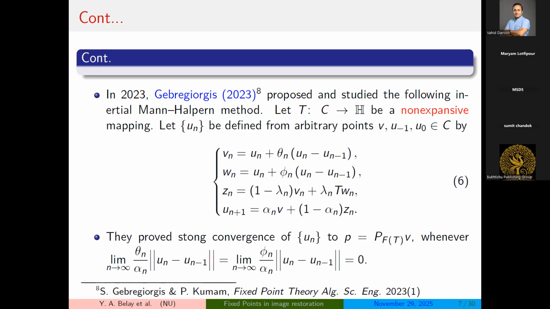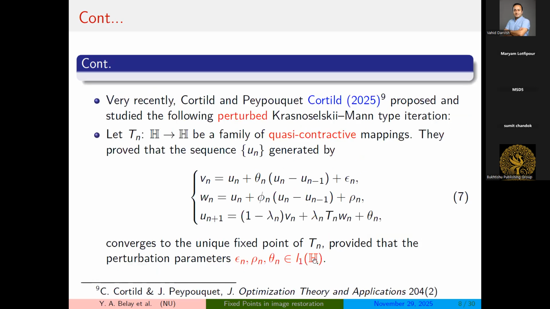And there are some assumptions also, which are assumed to be strong assumptions. And recently, Cortil and Peppocket in 2025 introduced a Mann type iteration, which involves two inertial steps and which works for quasi-contractive mappings. This class of mappings is actually a narrow class of mappings.